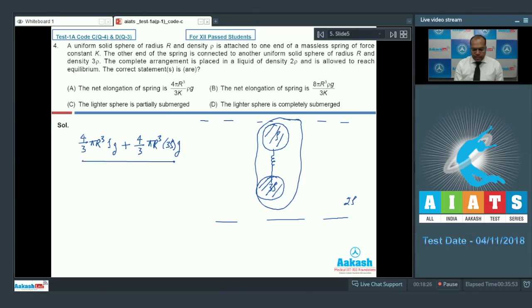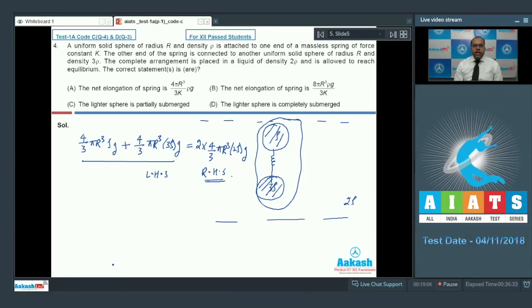This is equal to the net buoyancy force acting on this system, that is 2 times 4 by 3 pi r cube into 2 rho into g. We can see that the left hand side is equal to the right hand side. Both sides are equal, so I can conclude both these spheres are submerged in the liquid.